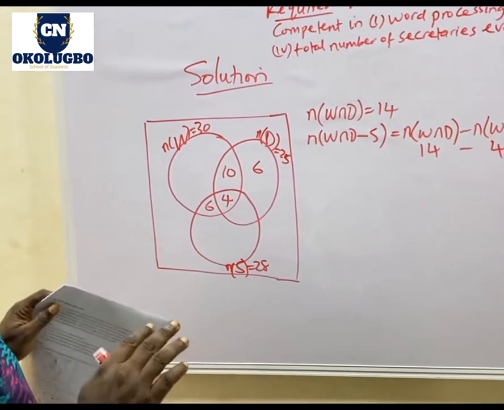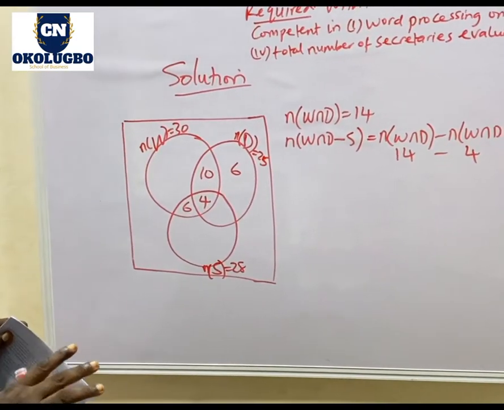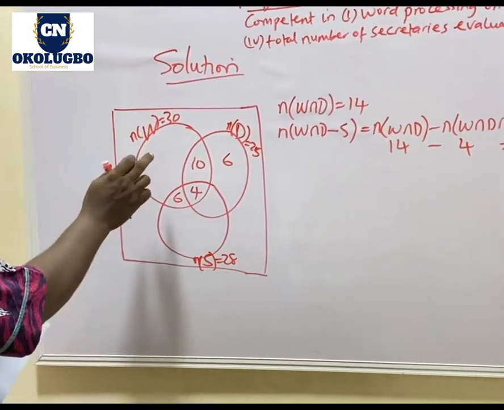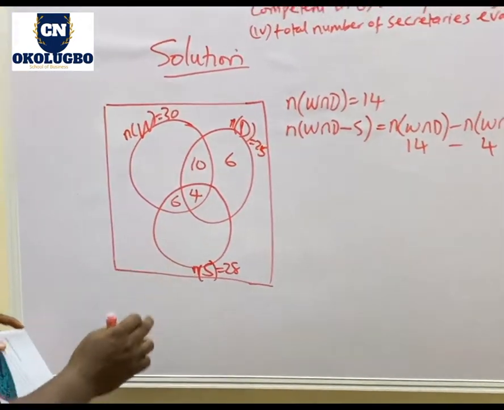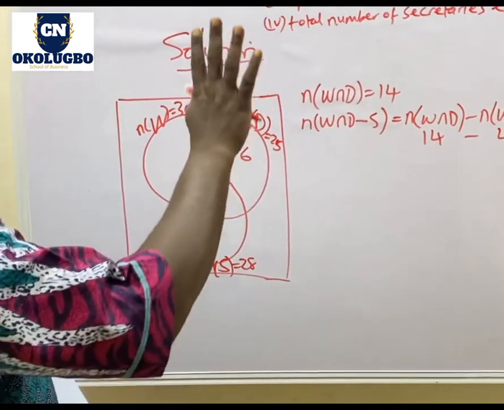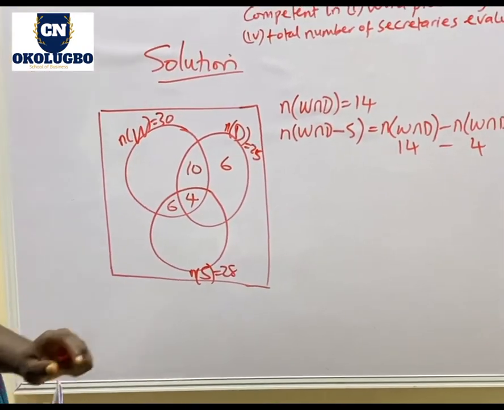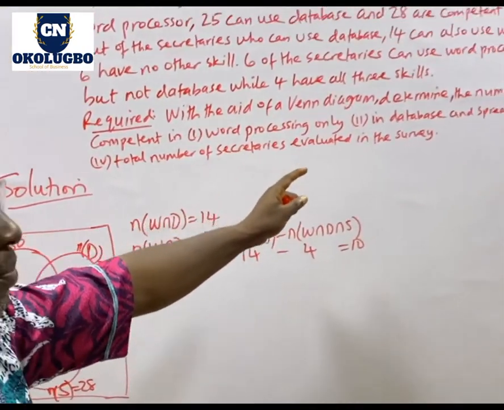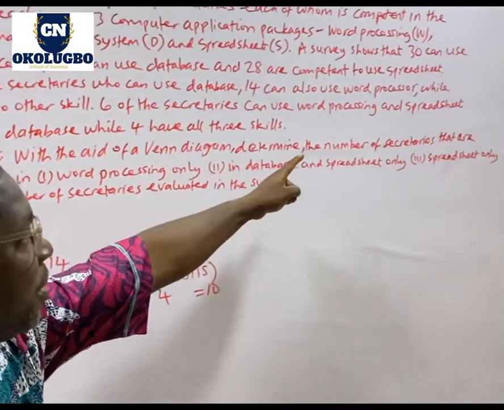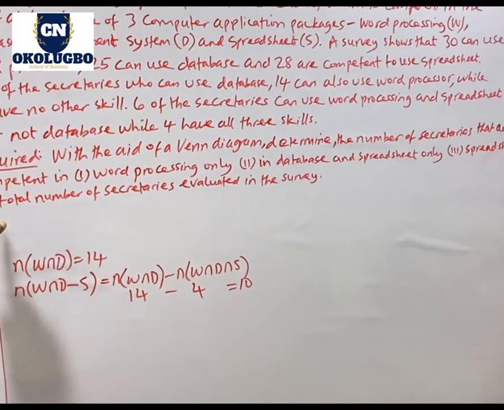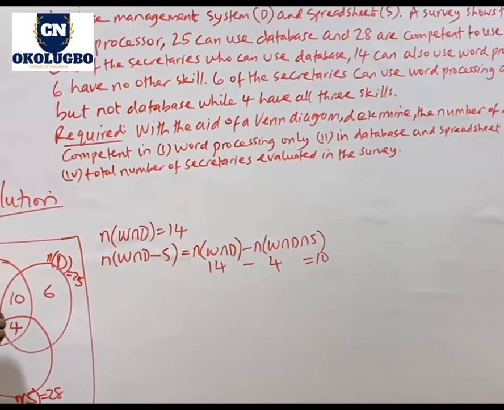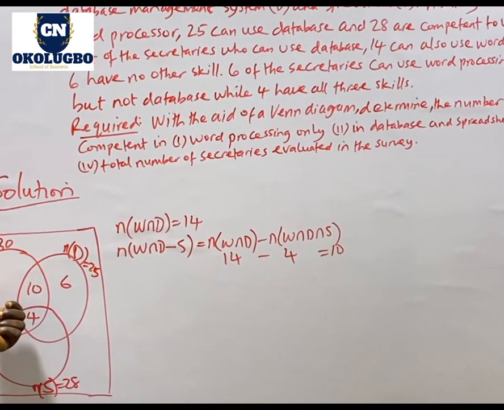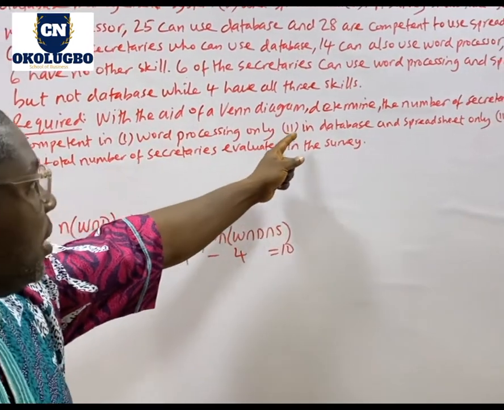Now, where are the gaps in this question? We have to fill here, here, and here. And these are the areas that I asked about in the question. With the aid of a Venn diagram, determine the number of secretaries that are: 1. Competent in word processing only, that is here. 2.